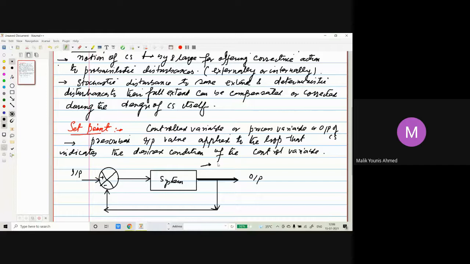Now, the control variable here is, let us say, the level of tank, the height of tank. We have to maintain the height of the tank at a certain height, certain meters, let's say. Now we will be giving a prescribed value, we will be inputting, we will be giving it as a signal to the control system.